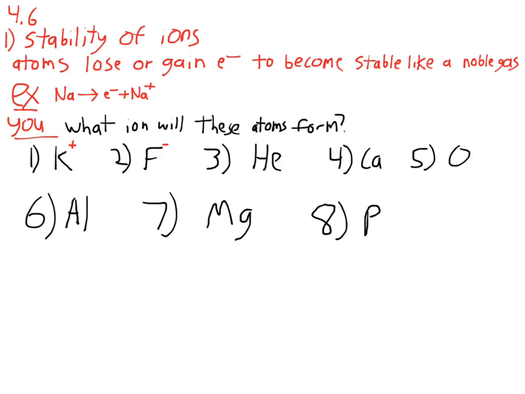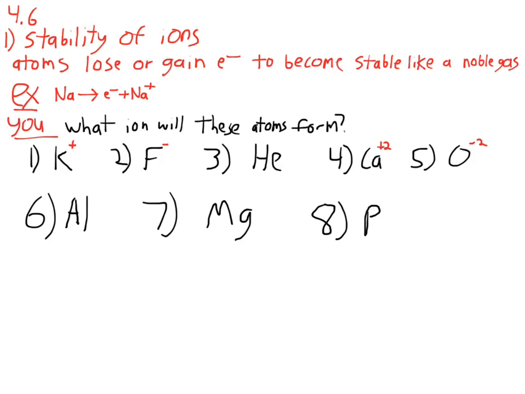Look at calcium. Has 20 electrons, so it's going to lose 2 to be like argon with 18, so it'll be a +2 charge. Look at oxygen. Has 8 electrons, so it'll want to gain 2 to be stable like neon, so it'll be a -2 charge. Look at aluminum.